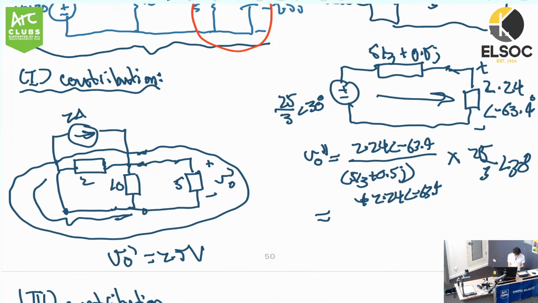All right, and so what we get is that if we plug these in, so let's have a look here, yep. That's B, and then this is going to be B plus 5 on 3 plus 0.5j, times 25 on 3, and then that's got an angle to it.